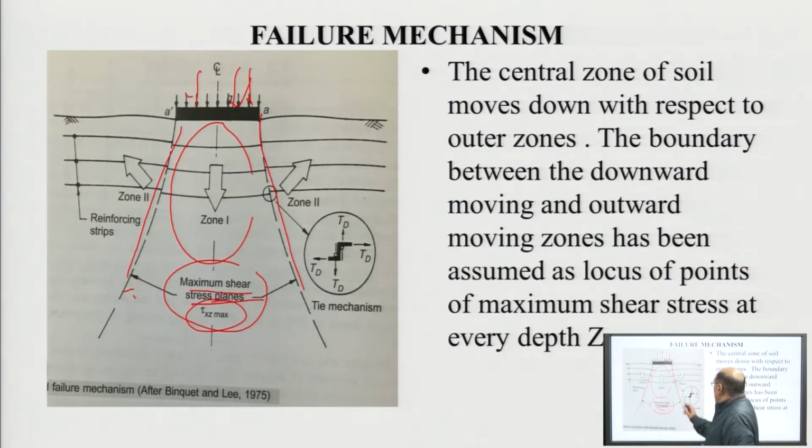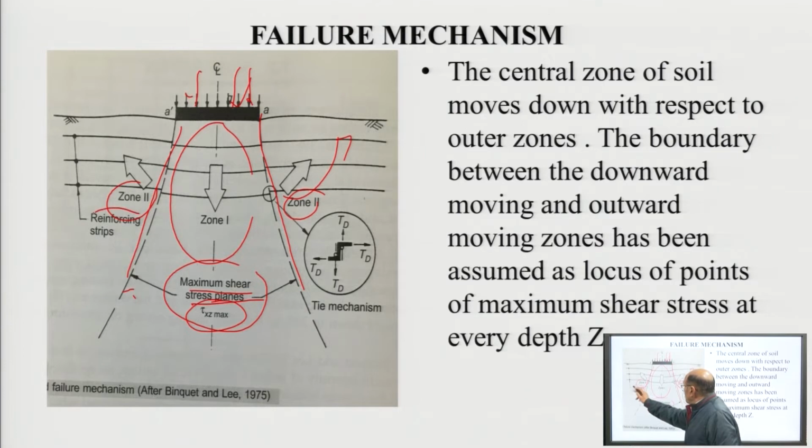So, see here, when the load is applied from the top, this portion will try to go outside on both sides. This is zone 2 and this is zone 2.